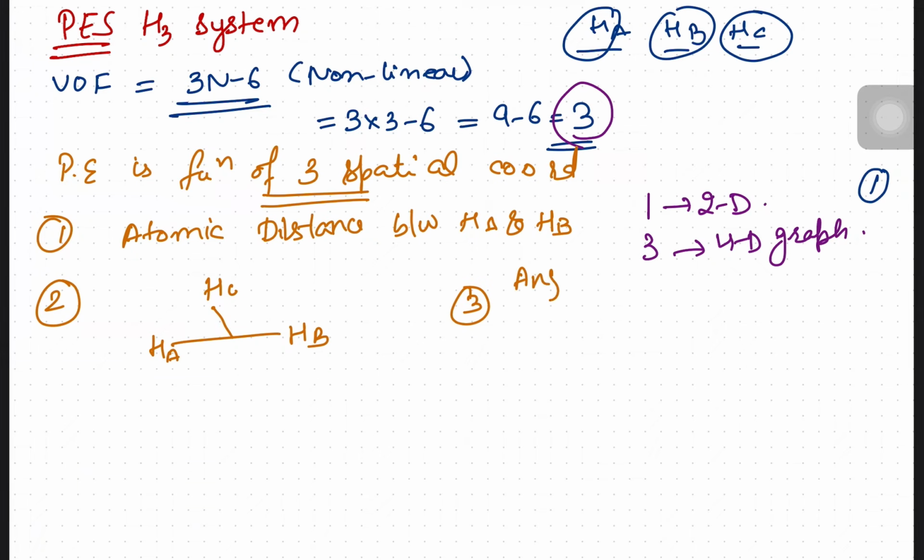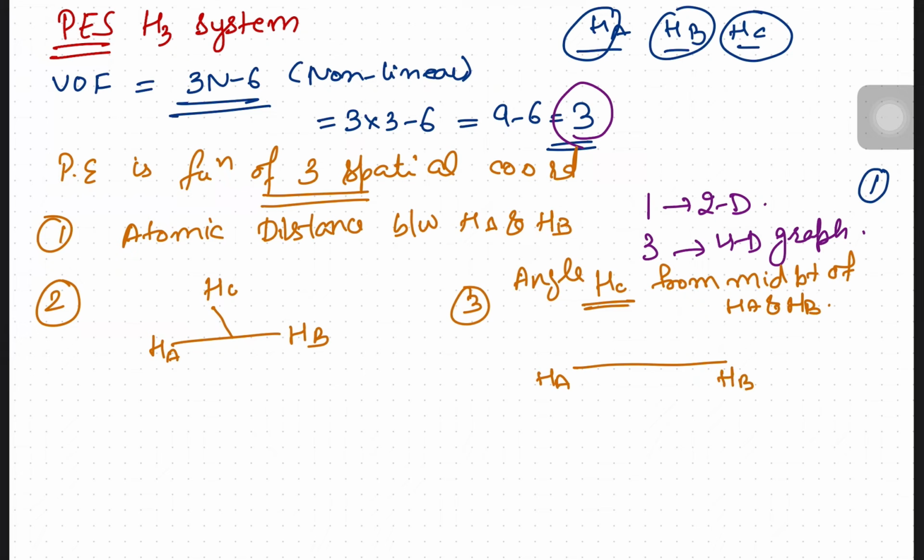Third is the angle which HC makes from the midpoint of HA and HB. So this is HA, HB, and this is the angle that HC makes. Now we know that it is a function of 3 spatial coordinates, and for 3 coordinates we'll get a 4-dimensional graph.